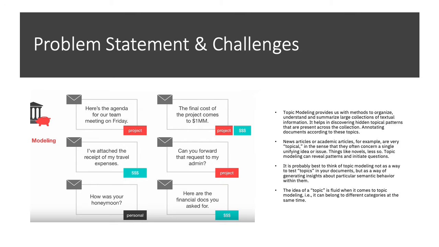So it is probably best to think of topic modeling not as a way to get the topics, but as a way to generate insights and particular semantic behavior amongst the provided documents. The challenge is that the idea of a topic is very fluid, because a single document can belong to more than one category.